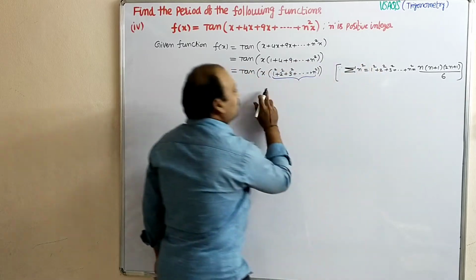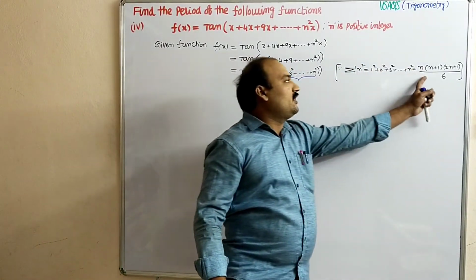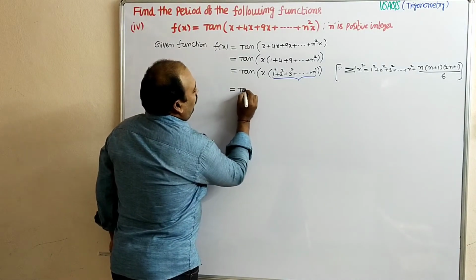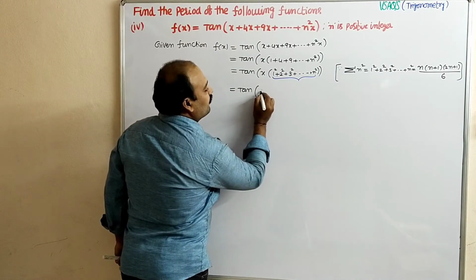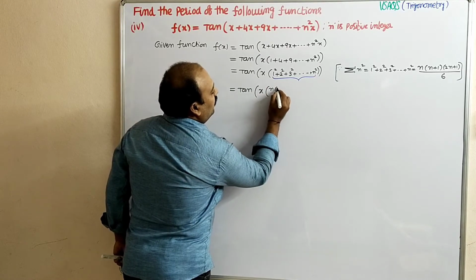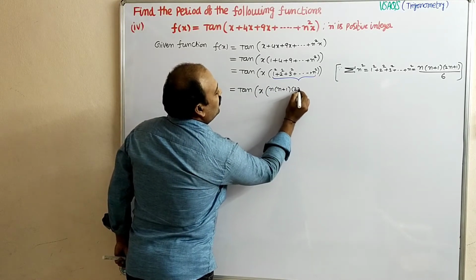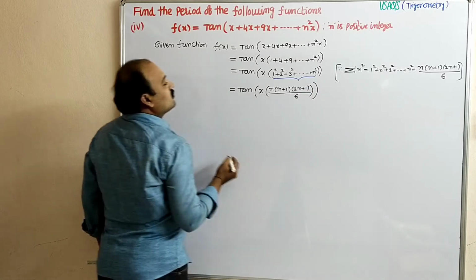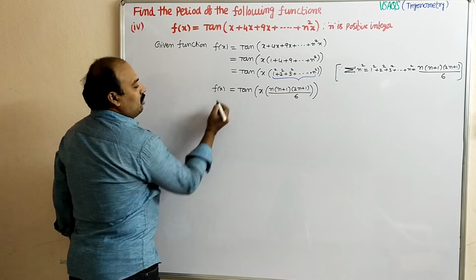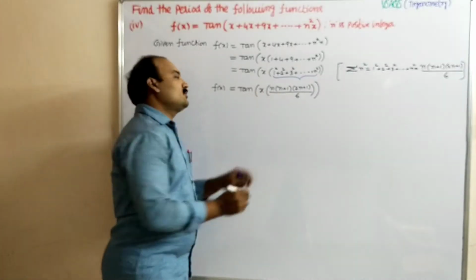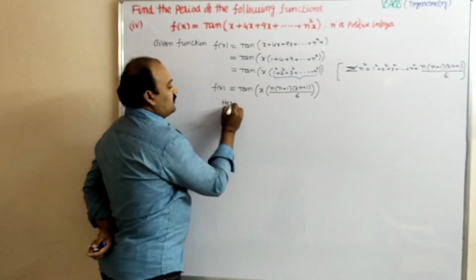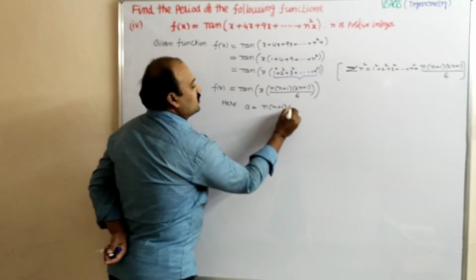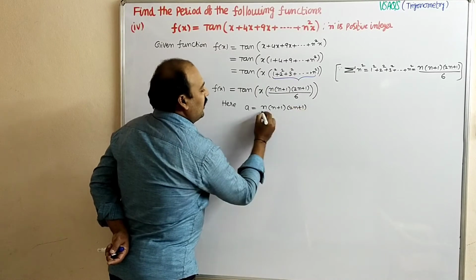So in place of this bracket value you have to replace with this. So now it becomes tan of x into n into n plus 1 into 2n plus 1 divided by 6. So now compare with tan ax. So here a is equal to n into n plus 1 into 2n plus 1 divided by 6.